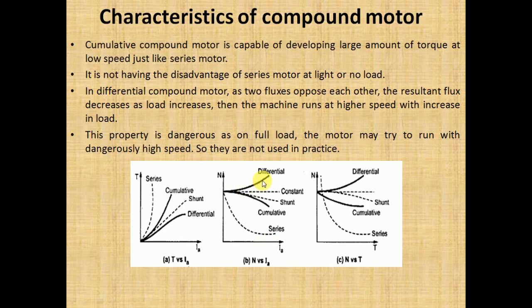This will cause the speed to increase to a very large value. That is, at full load condition, the differential compound motor tends to run at a very, very high speed, which is not a suitable condition. Therefore, the practical applications of the differential compound DC motor are limited.